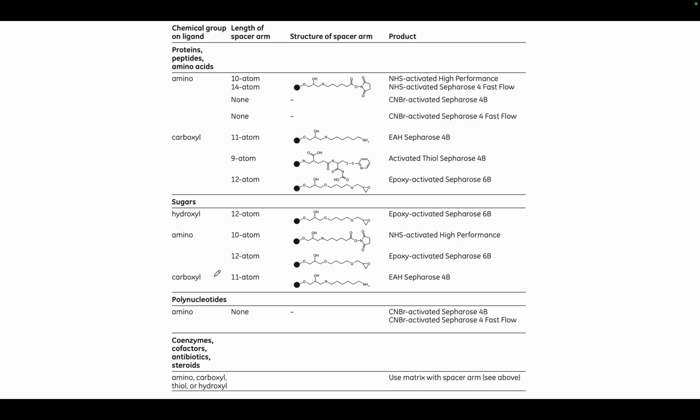My mRNA should be bound in that column. So, I can make a column like that by binding the amino group of the polynucleotide. In this case, apparently there's no need for a backbone because it's just going to be complementary. It's not going to bind like this, it's just going to be complementary. And amino group we can couple through cyanogen bromide.